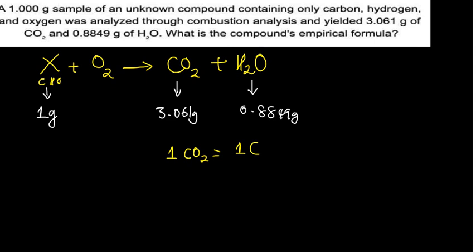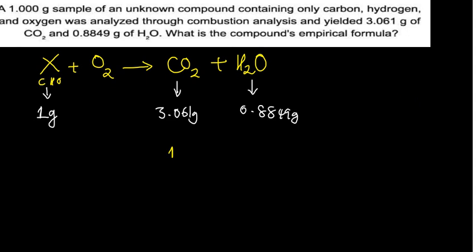Just look at the formula. In one carbon dioxide, there's one carbon. But when you've got one water molecule, it means you have two hydrogens. Every time you find one water molecule, you are going to have two hydrogens. Every time you find one carbon dioxide, you are going to have one carbon. That's what we're trying to say.